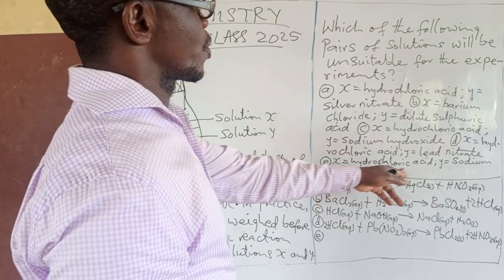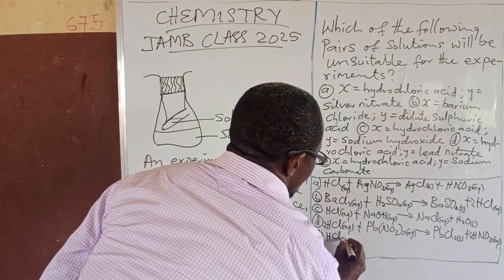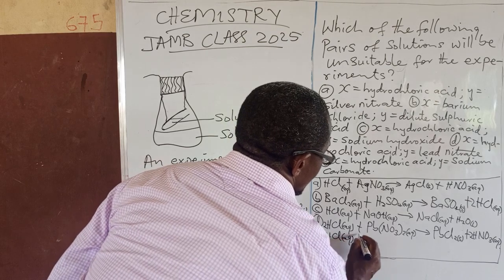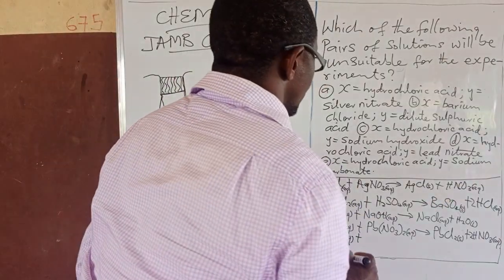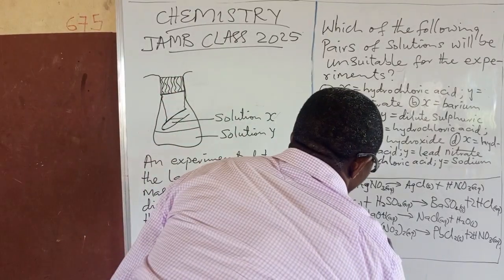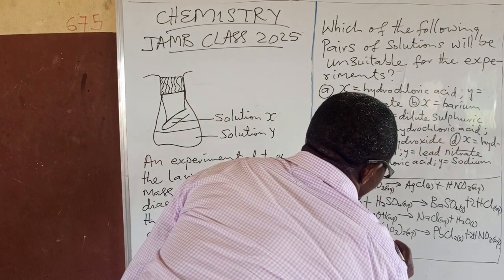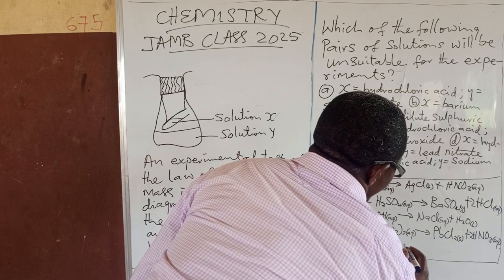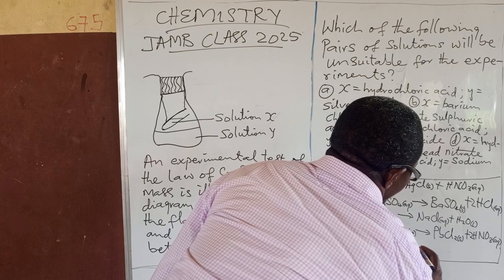Okay, now E. Hydrochloric acid, HCl aqueous, plus sodium carbonate, Na2CO3, aqueous.